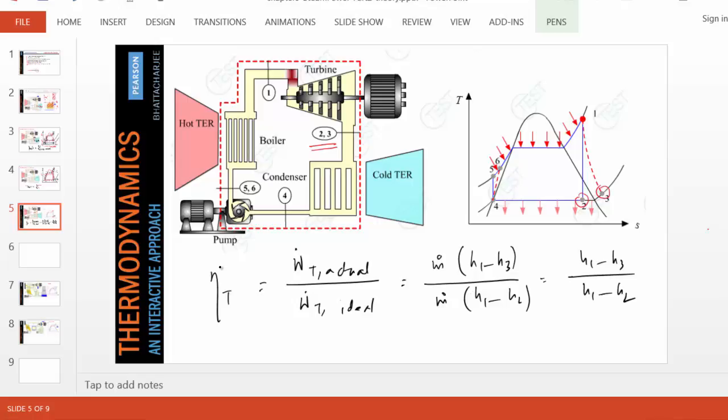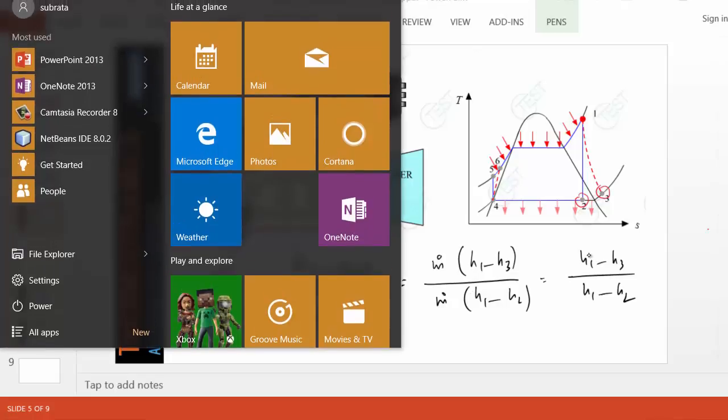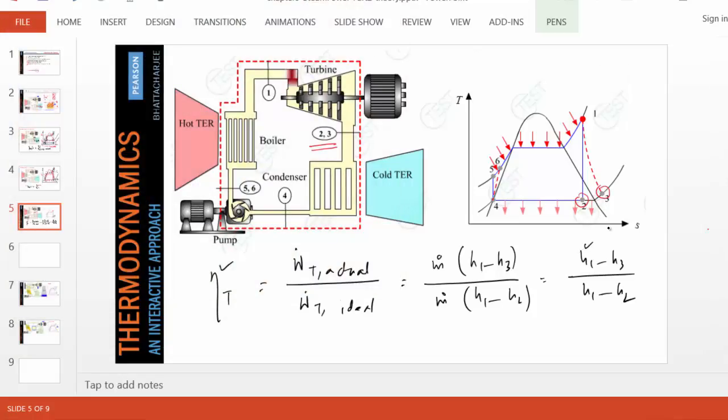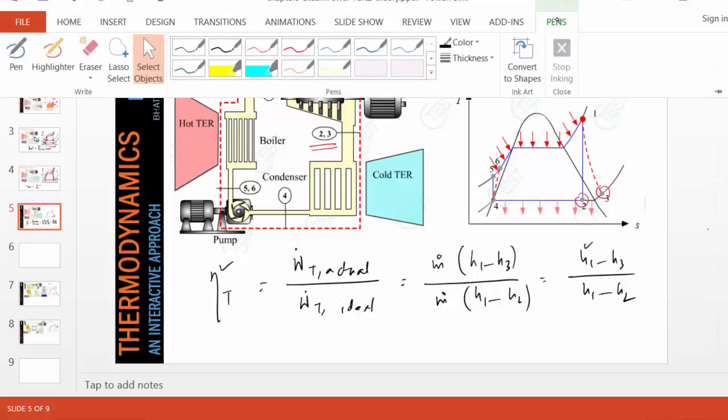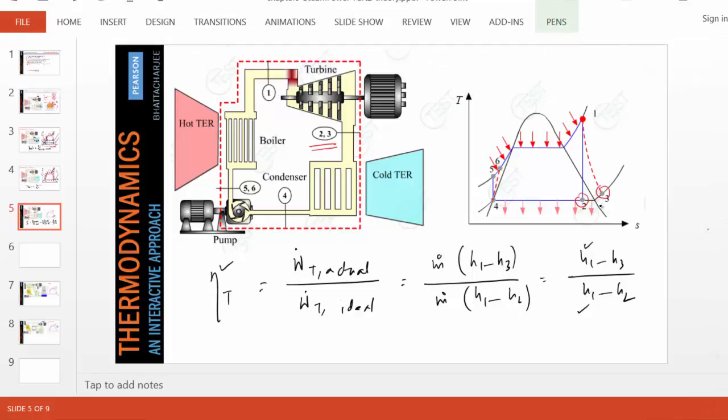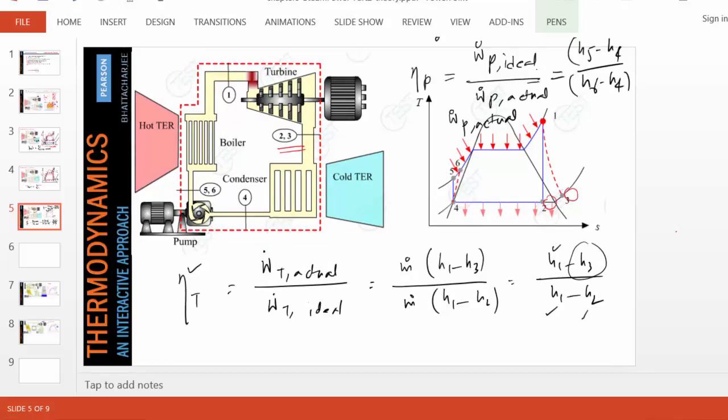So if the turbine efficiency is supplied, turbine inlet temperature is known, inlet condition is known, so H1 is supplied, and H2 can be deduced from the fact that we know the exit pressure and we know the entropy between 1 and 2 are the same. So therefore, from this equation, H3 can be figured out. So just like the turbine, with the pump efficiency, you can relate the actual exit state 6 with state 4 and 5 through the pump efficiency.